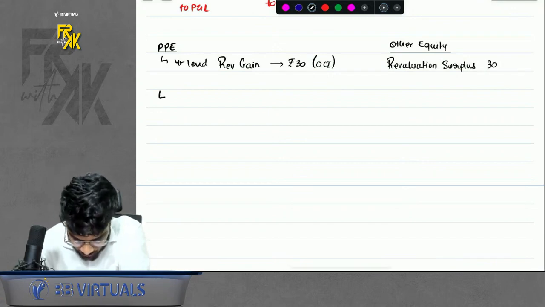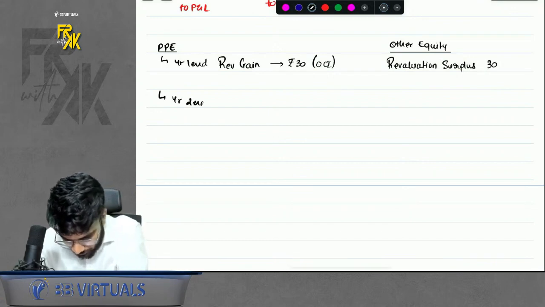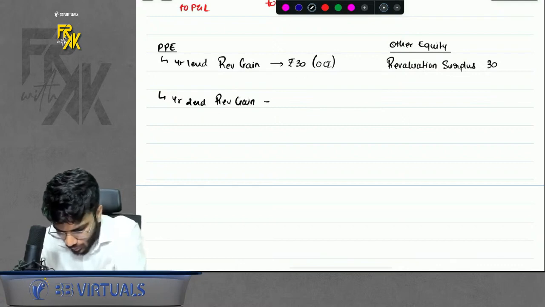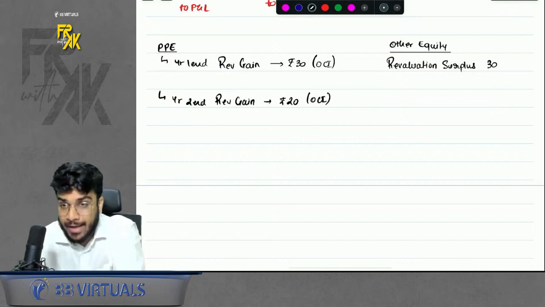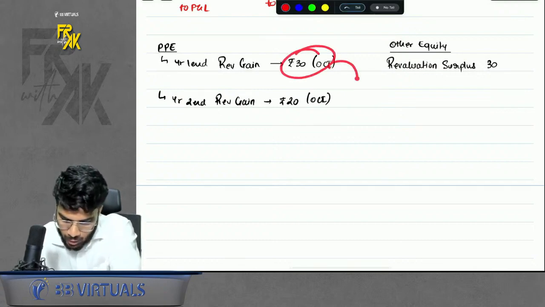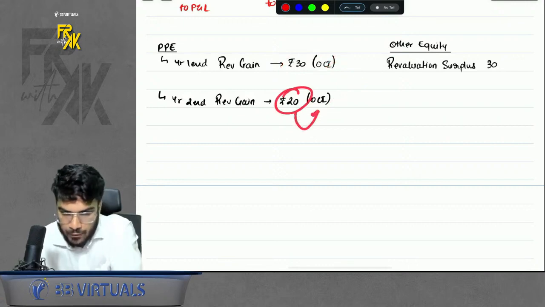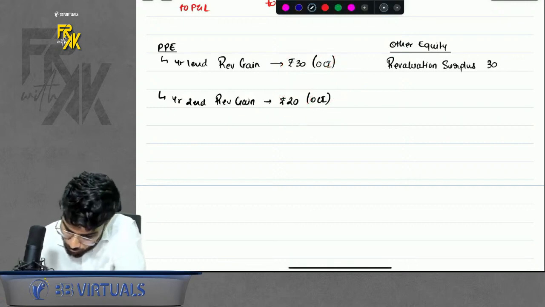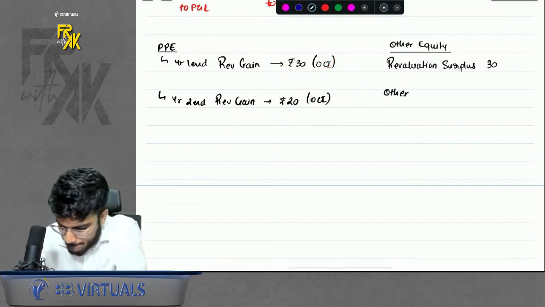Okay, sir. Then at year 2 end, you again got a revaluation gain of, let's say, rupees 20. So we will book this in OCI again, because first time also you got a gain and now also you are getting a gain. So this gain will be transferred to OCI. Now what will happen in other equity?